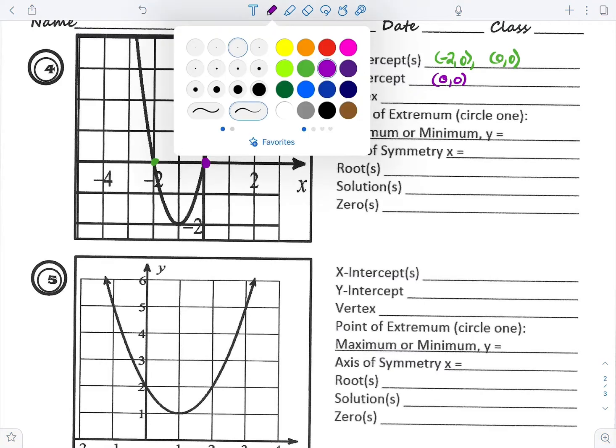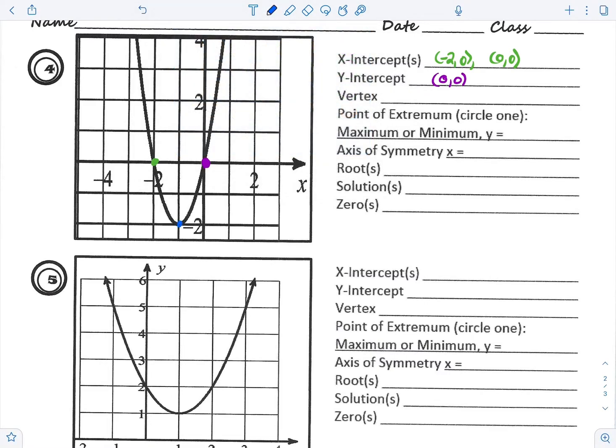And our vertex or extreme point is right down here. This is our vertex. Our x is negative 1. Our y is negative 2. So this is (-1, -2).